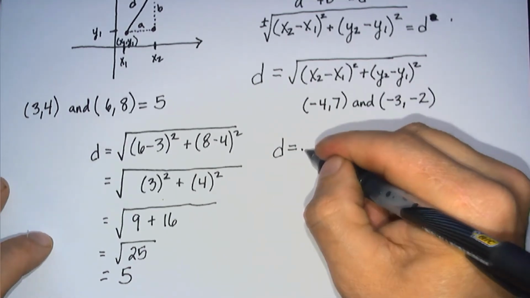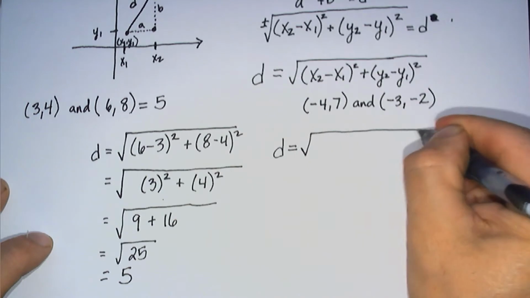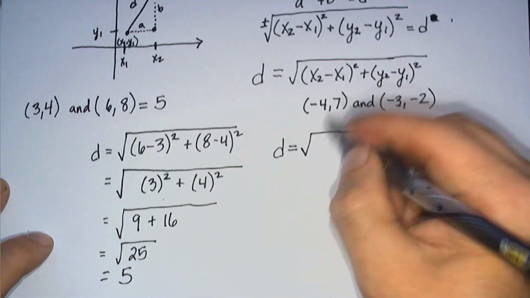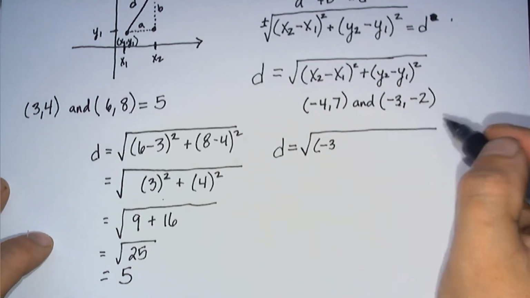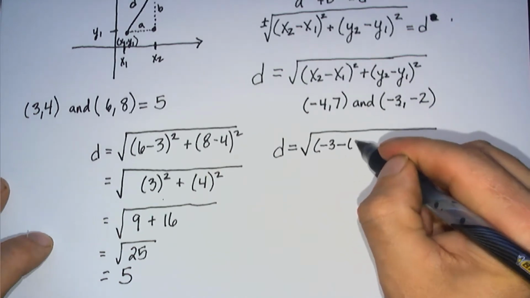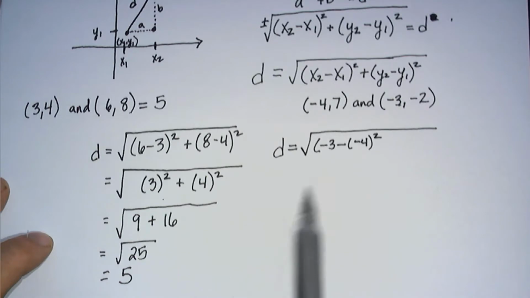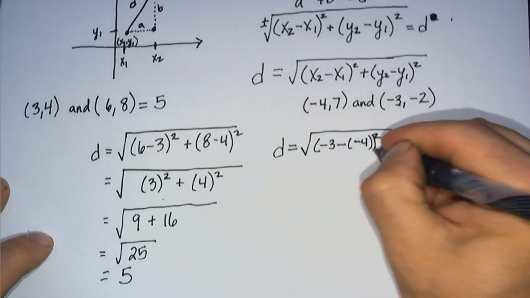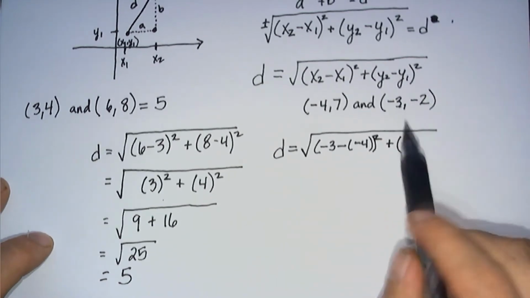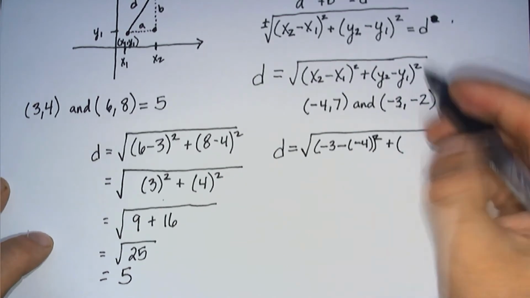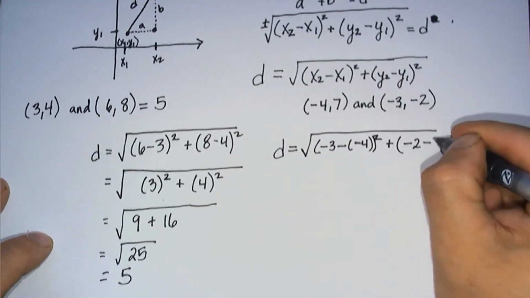So the distance is the square root of, we're going to start with this guy here. It's going to be -3 minus -4 squared. Plus, now if I started here, I better start here with this one just to be safe, -2 minus 7 squared.